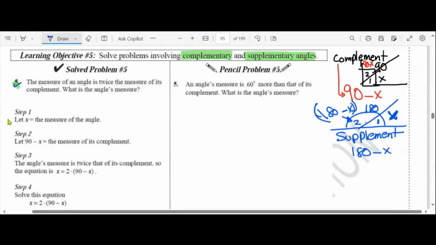So the first thing you're going to do is let x be the measurement of the angle. The measurement of the complement, what did we say about the complement? 90 minus x. So one angle is x and the other angle is 90 minus x.